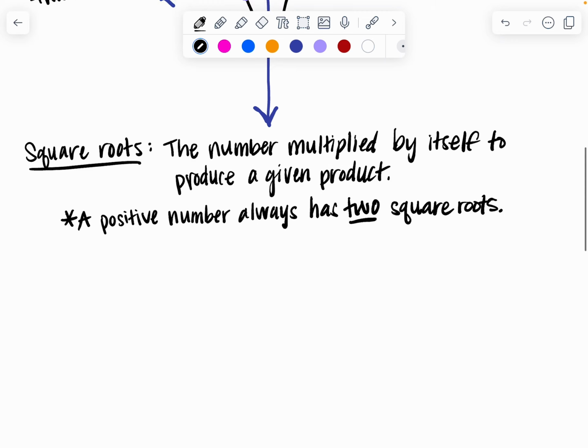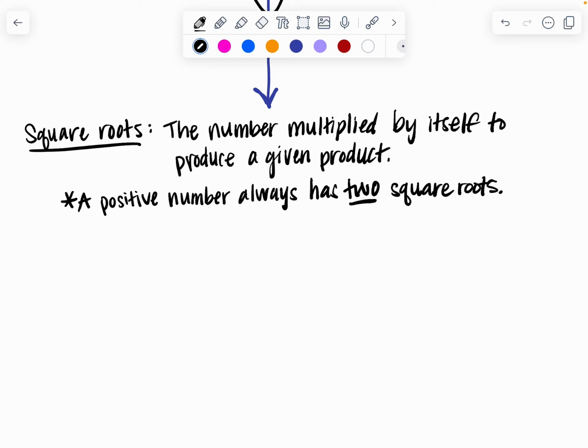So yes, the square root of 9 is 3, but also the square root of 9 is negative 3, because negative 3 times negative 3 is also positive 9. So when we are writing answers, you may see this symbol. That means positive and negative.